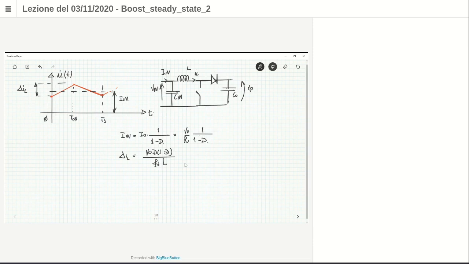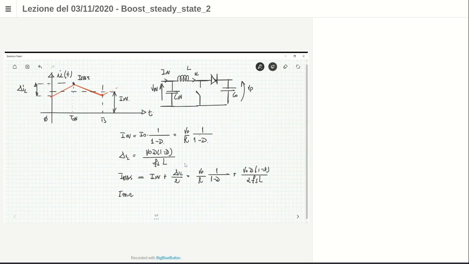And using these two quantities, you can derive the maximum current, the peak value of the inductor current, and this is the average value plus the ripple, so it is V naught over R times 1 divided by 1 minus D plus V naught D times 1 minus D over 2 L Fs.